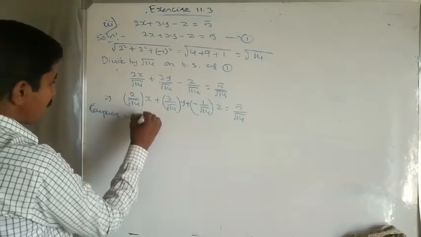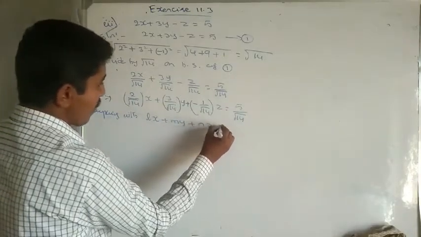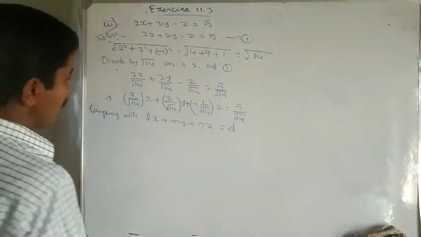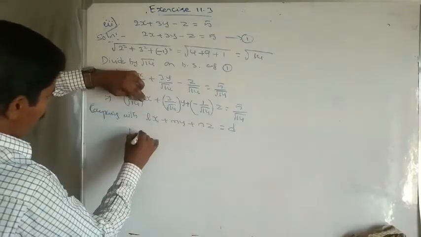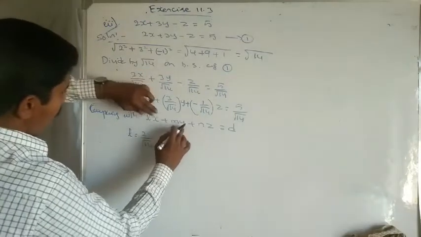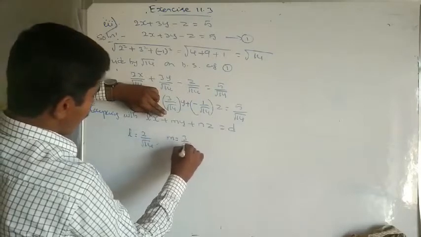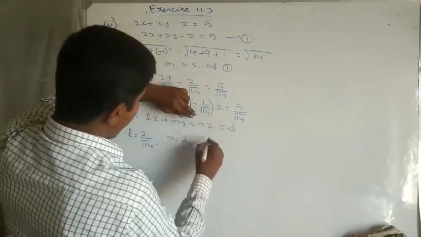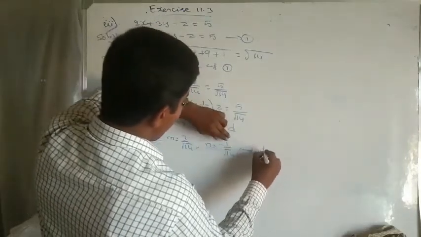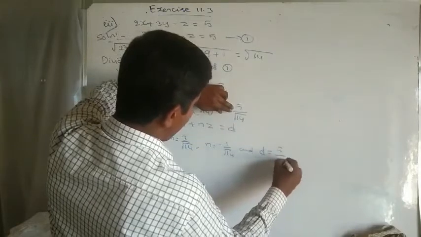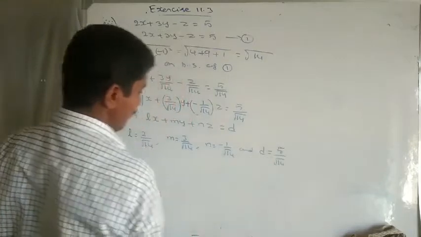Comparing with Lx plus My plus Nz is equal to D, the x coefficient L is equal to 2 by root 14, the y coefficient M is equal to 3 by root 14, the z coefficient N is equal to minus 1 by root 14, and D is equal to 5 by root 14.